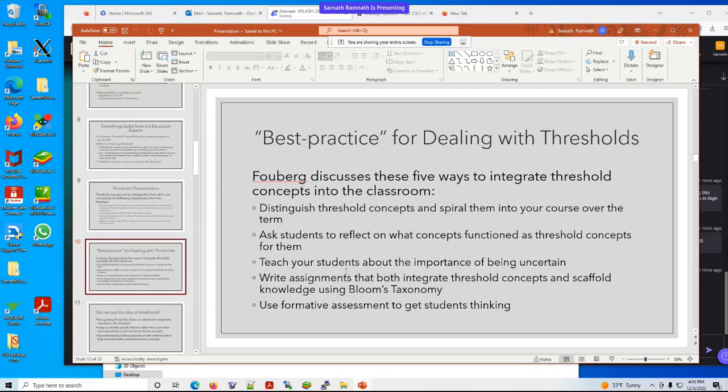And then there is, while students are approaching these concepts, there is the notion of the liminal space. The liminal space is where you are uncertain about what it is that you have learned so far. And it's important that they accept the idea of being uncertain so that they don't get frustrated and quit. And then you have to create assignments. And so here, this is very important.